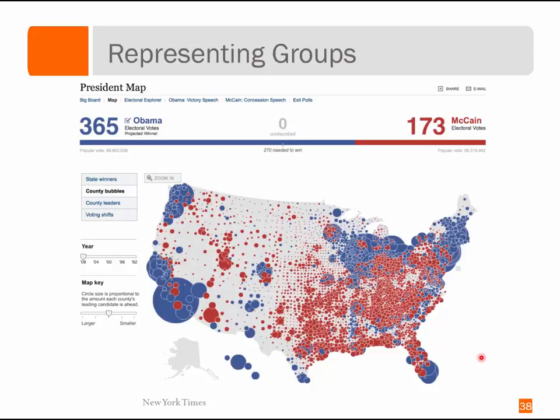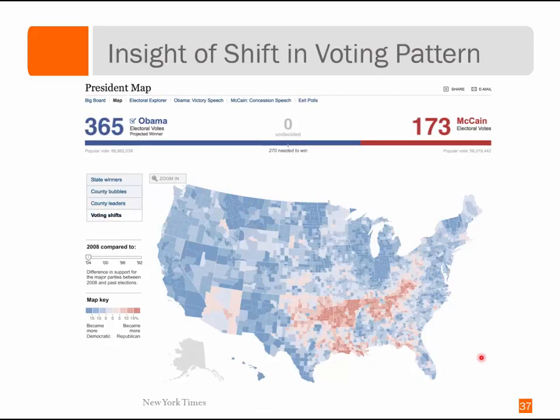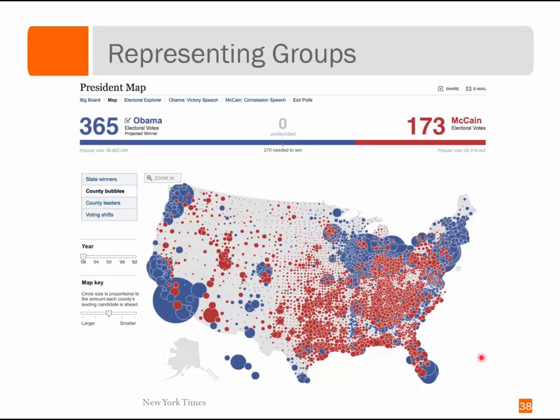Now, are any of these area maps an accurate representation of what has actually gone on in the election? If you have been listening closely, of course, you know that might not be the case. We might say, no, it's not an accurate representation. And the next visualization should help to illustrate why folks say that.